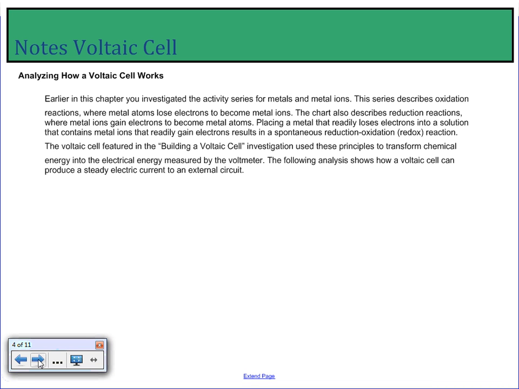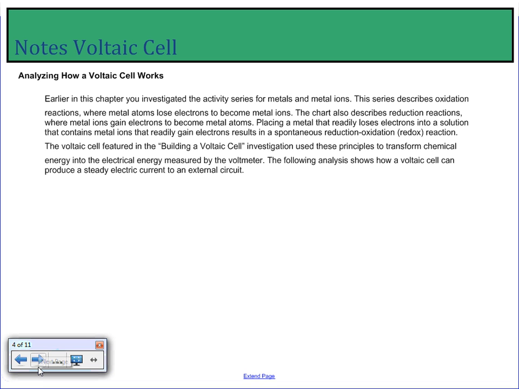Placing a metal that readily loses electrons into a solution that contains metal ions that can readily gain electrons results in a spontaneous reduction-oxidization, or redox, reaction. The voltaic cell featured in our Building a Voltaic Cell investigation used these principles to transform chemical energy into electrical energy measured by the voltmeter.